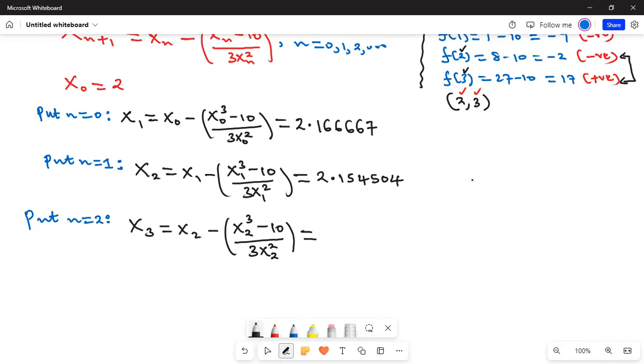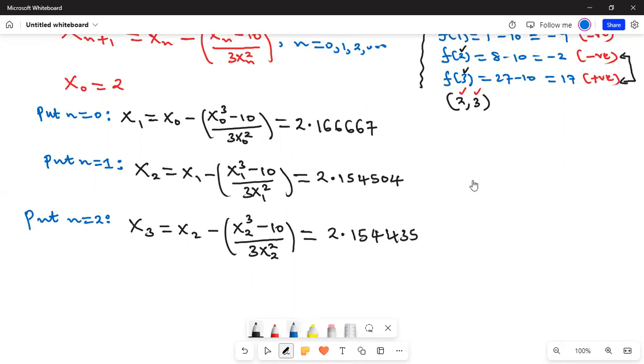This should be 2.154435. We can try another one because up to there the solution has not converged.